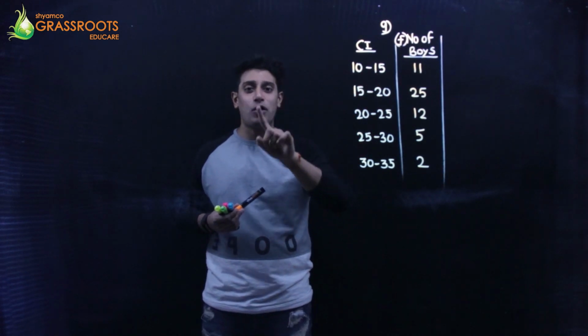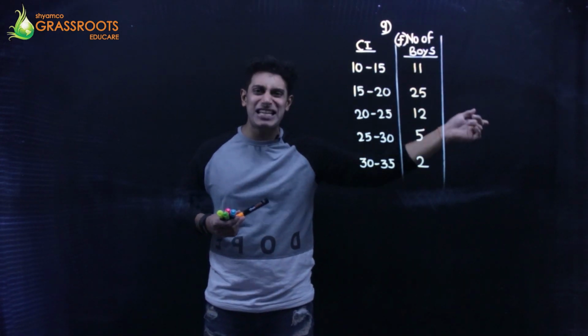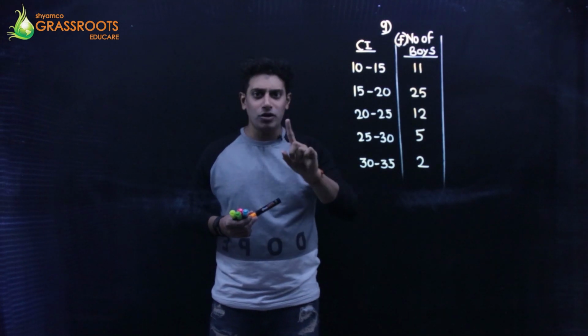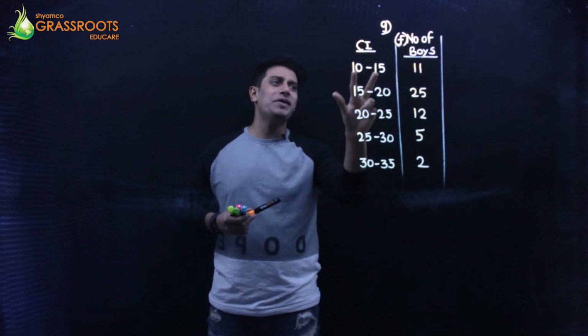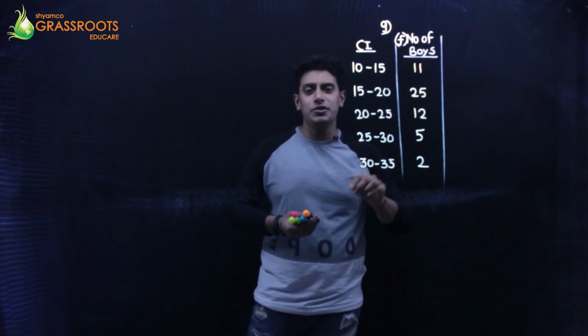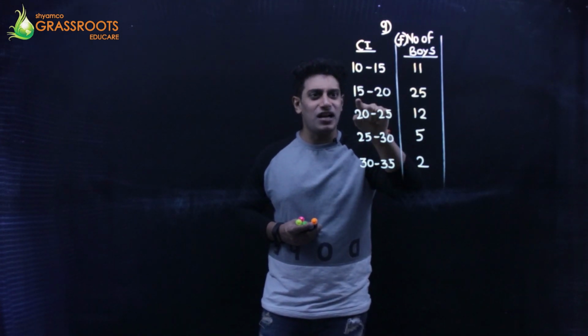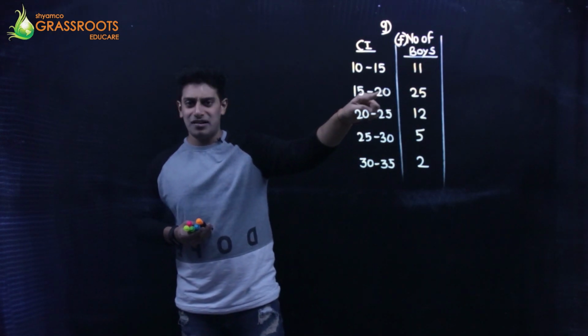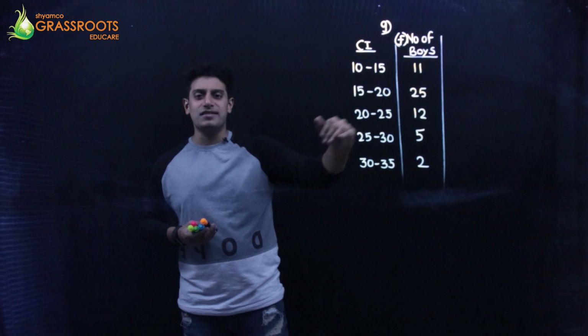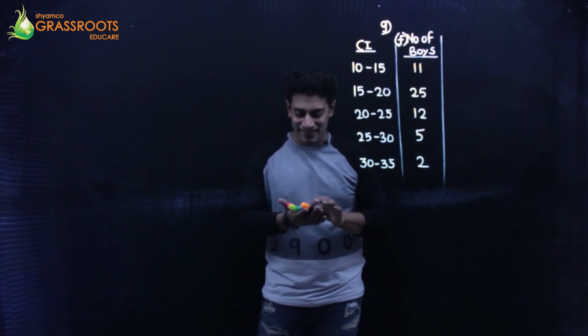Midpoint has to be found to calculate the mean, not median and quartiles. Second, it should be a continuous class. Continuous means stop at 15, start at 15, stop at 20, start at 20. Where the class ends, the next class begins from the same point.